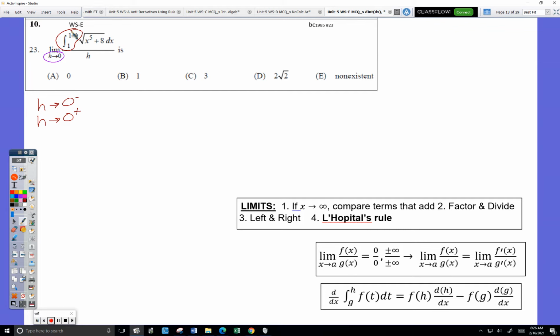Anytime you start and stop an integral in exactly the same place, the result will always be 0, because you aren't doing anything. So the top's going to get close to 0. The bottom also gets close to 0. Hence, we again have a L'Hopital rule situation.